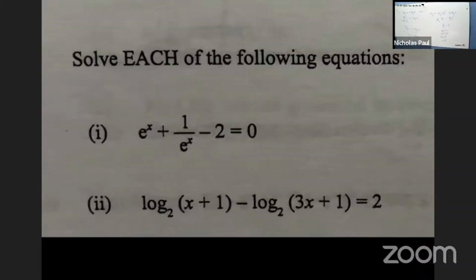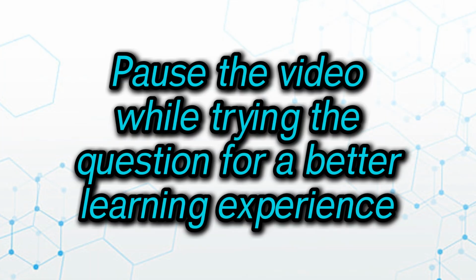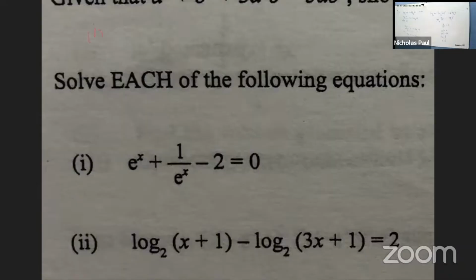We're just doing it with e to the x and the log. Let y equal e to the power of x. So we are going to get y plus 1 on y minus 2 is 0. Right? We do like this fraction, so we can multiply everything by y.